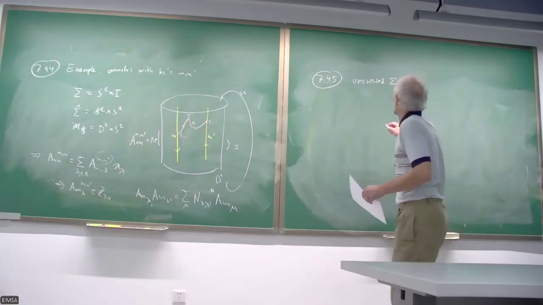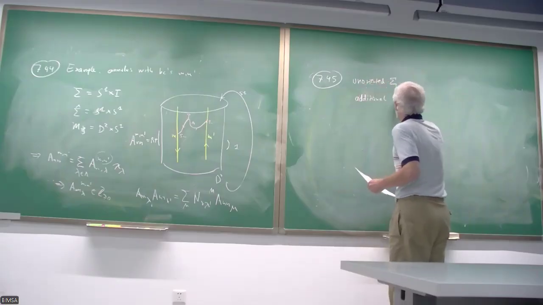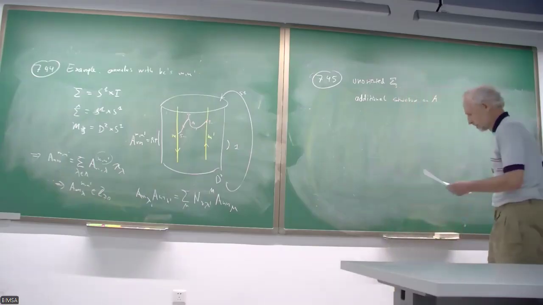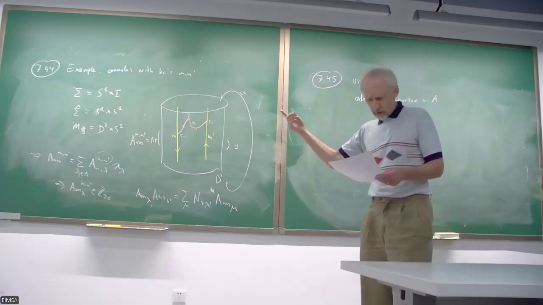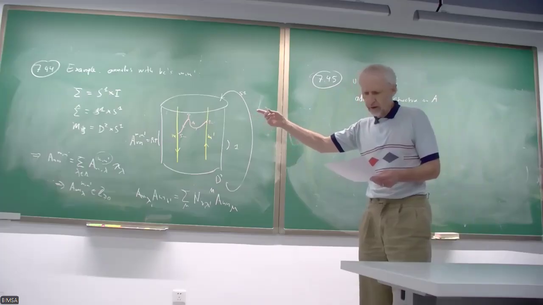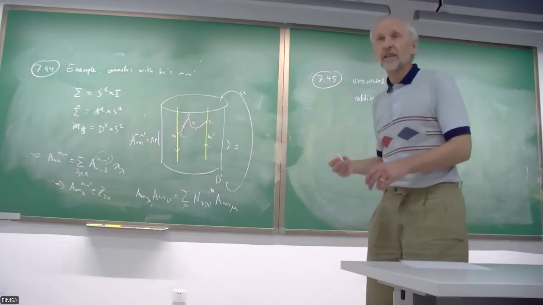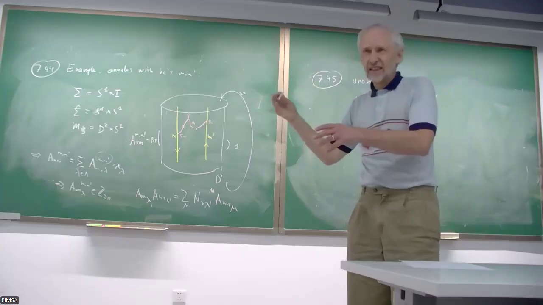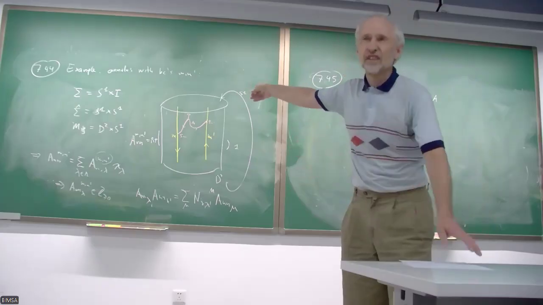But let me first point out here that we need additional structure on the algebra A. The prescription for getting this double cover sigma hat and the three-manifold is as before, except that if sigma is not orientable, it's much harder to draw the resulting three-manifolds.